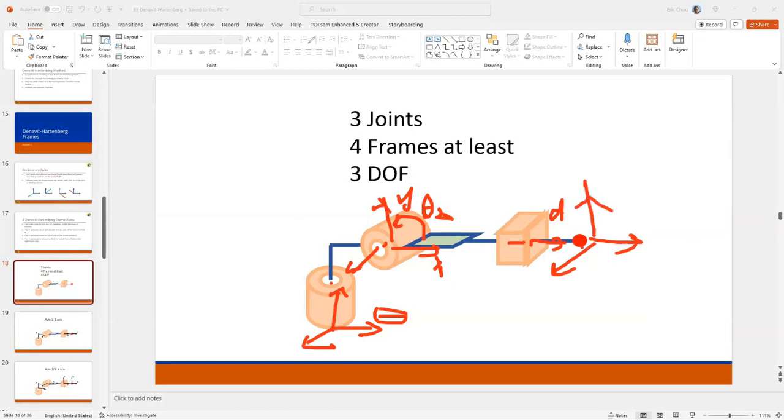So 4 frames means that you have the original frame with X, Y, Z right here. Second frame, this is a rotator, with X, Y, Z here. Third one, on the extender, you have D over here.